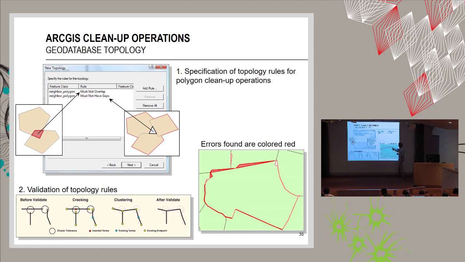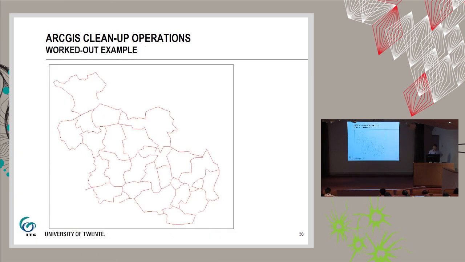So then it shows you the errors and you clean them or you edit them manually. If you make the tolerance big, it will probably try to correct those errors automatically. That's about geodatabase topology. A very handy tool. You will use it in the exercise today. Now here's some cleanup operations.